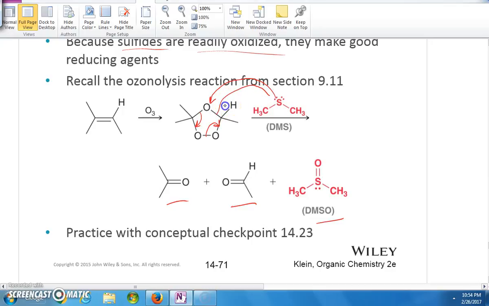Eventually you're going to have this, which has a resonance form like that. So basically that's what happens.